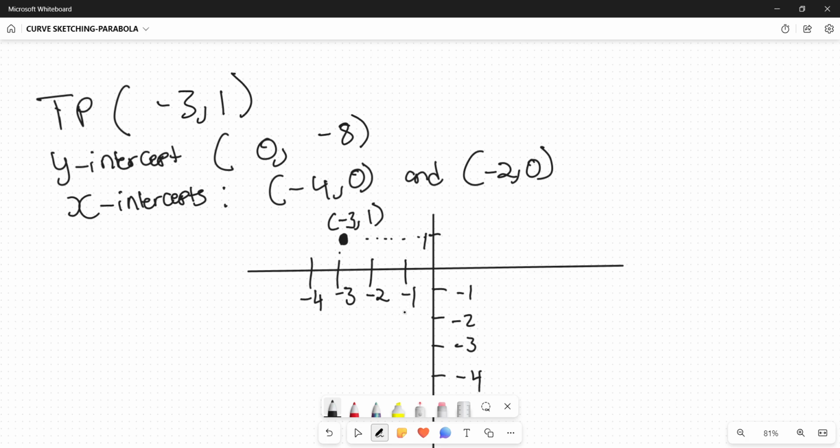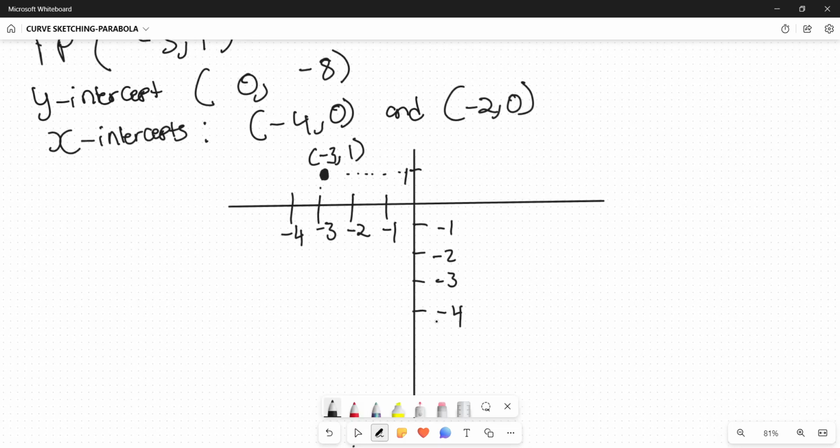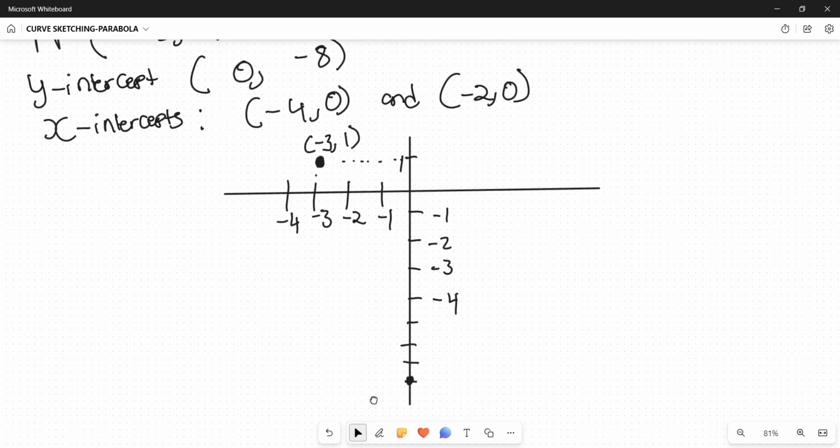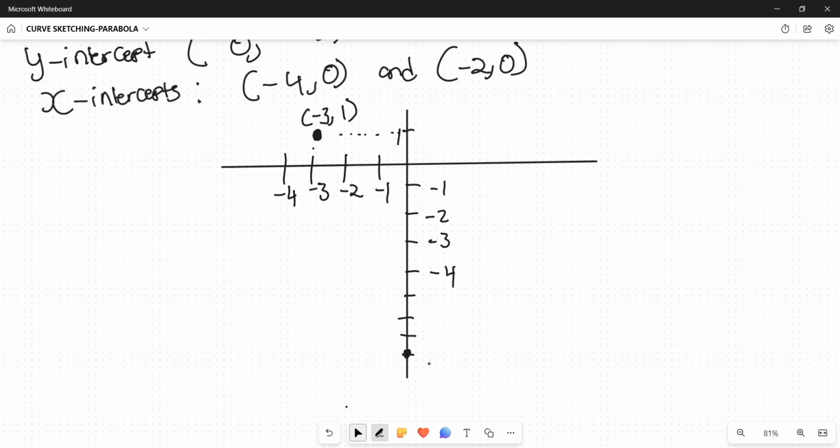Then y-intercept, it is 0 and negative 8. Suppose this is point 0 and negative 8. Then lastly our x-intercepts, negative 4 and 0, and negative 2 and 0.